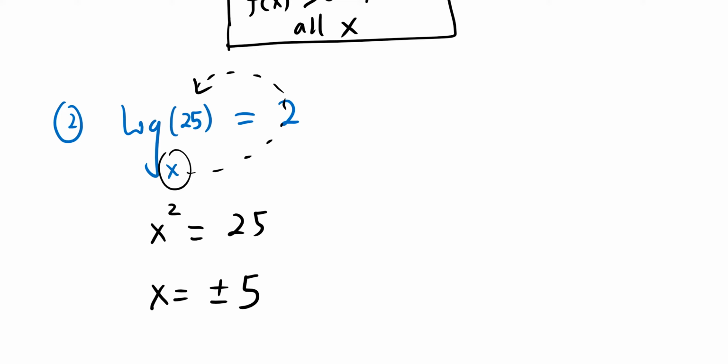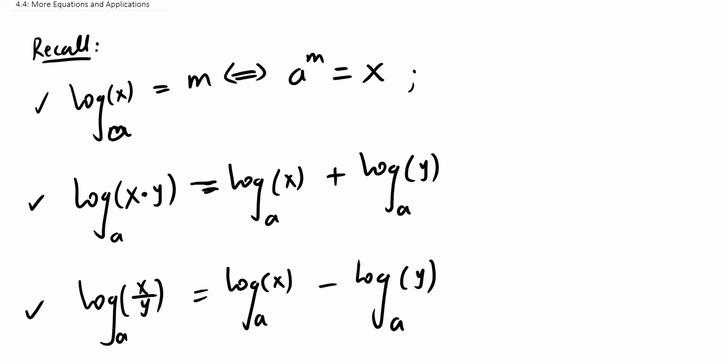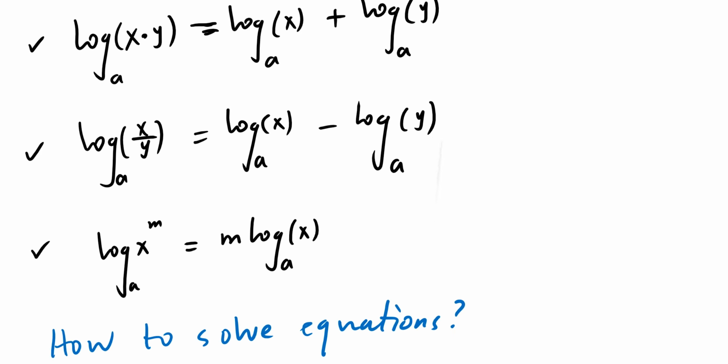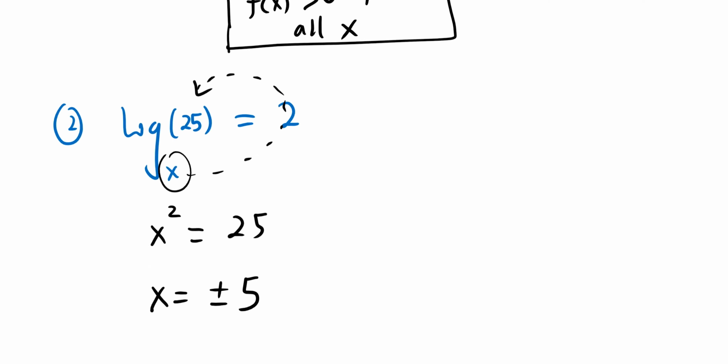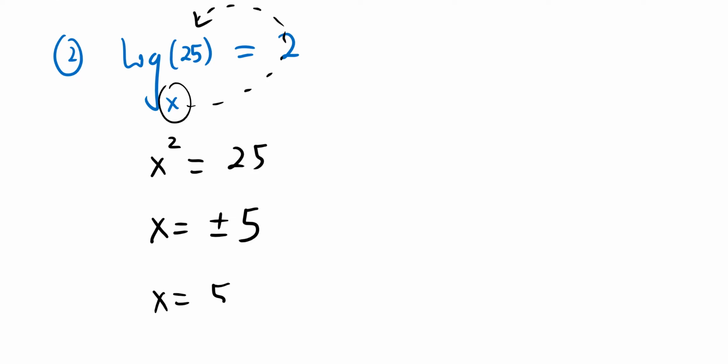But remember, from the main definition of logs, a must be bigger than 0 and it can't be 1. This is very important. So we can't have a negative base, for example. x is the base here, so it can't be negative. So that's why x equals 5 is the only solution, not negative 5.